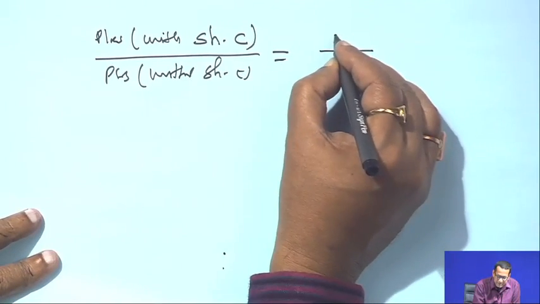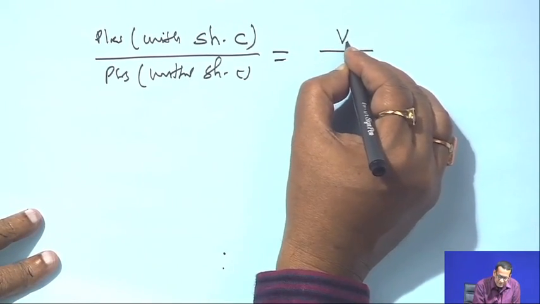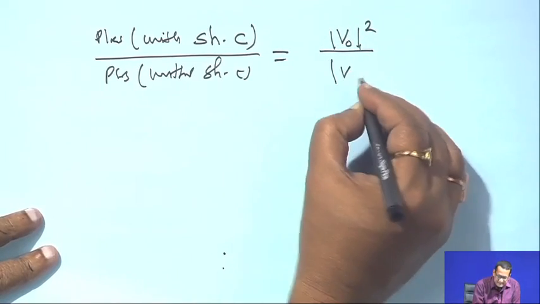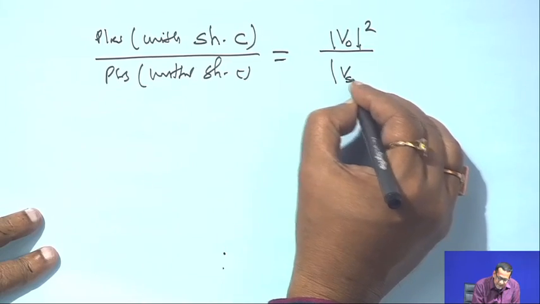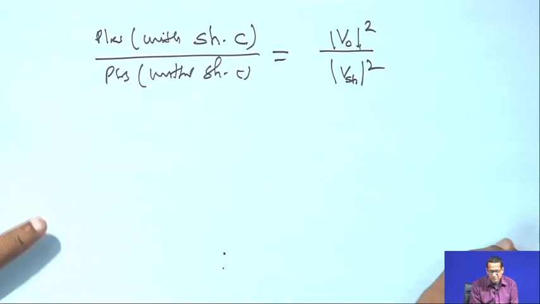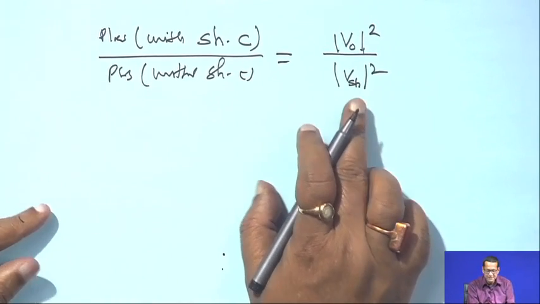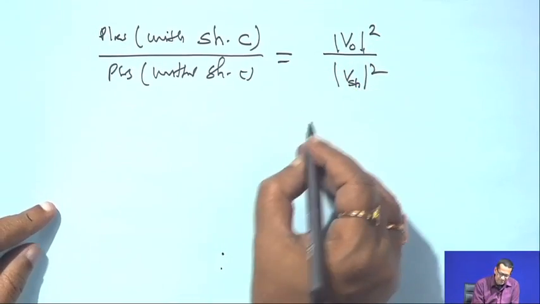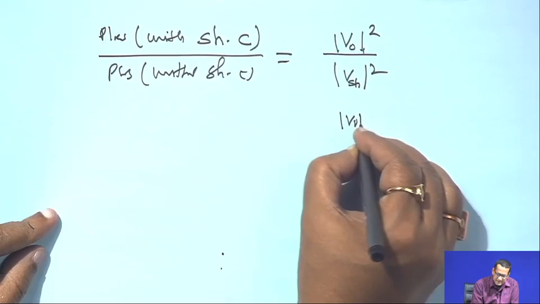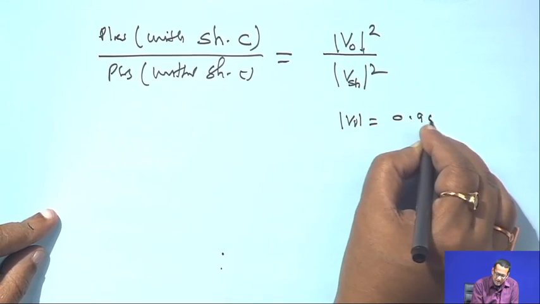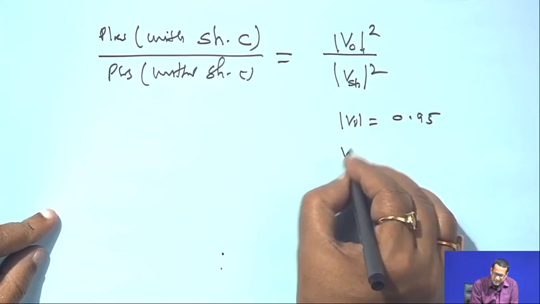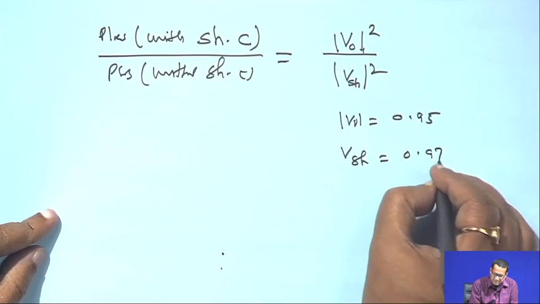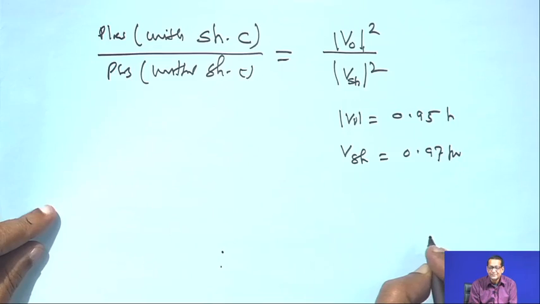Suppose V 0 is the voltage magnitude without the shunt capacitor and V SH is the voltage with the shunt capacitor. Because of the shunt capacitor the voltage has improved. For example, say V 0 is equal to 0.95 and due to the shunt capacitor the voltage has improved to 0.97.